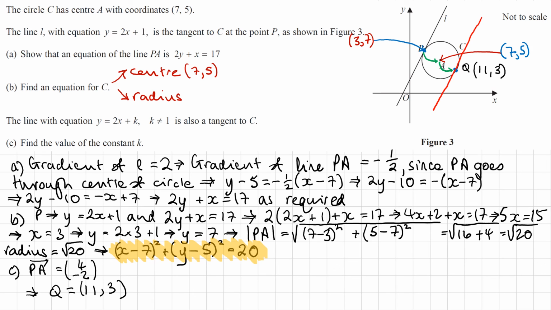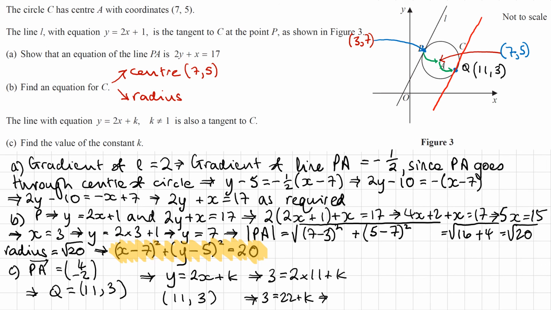So we can use that to work out K. Right, so it's y is equal to 2x plus K. Let's substitute in this coordinate 11, 3 and see what we get for K. So y is 3, which is equal to 2 times x, which is 11, plus K. So that will give me 3 is equal to 22 plus K. Take away 22 from both sides, and that gives K is equal to -19. So we found the value of the constant K. Let's write it a bit bigger here. K is equal to -19.